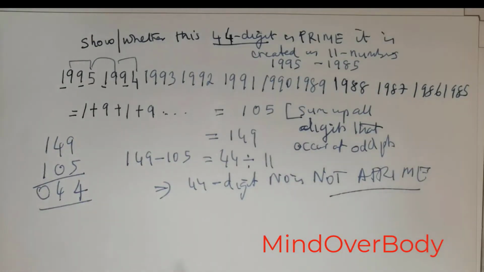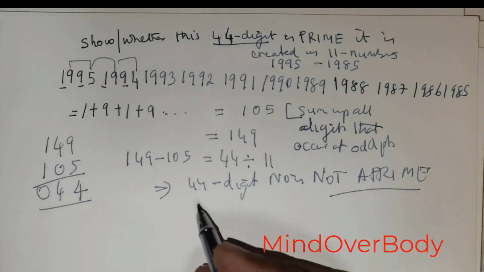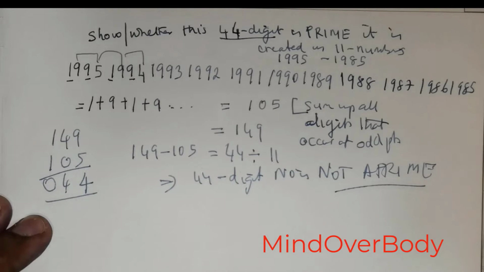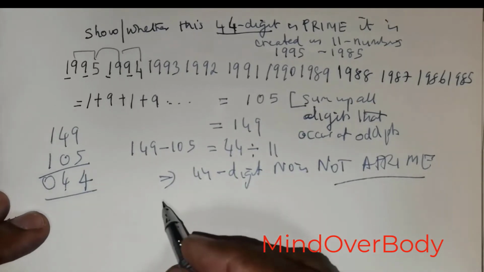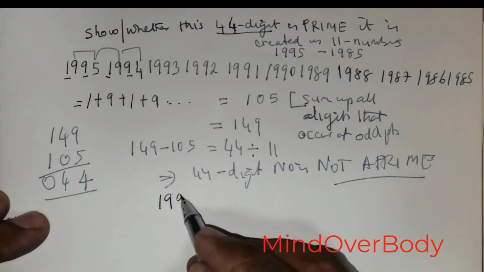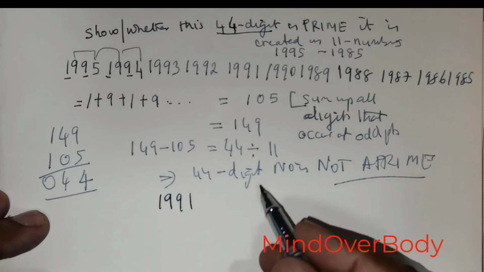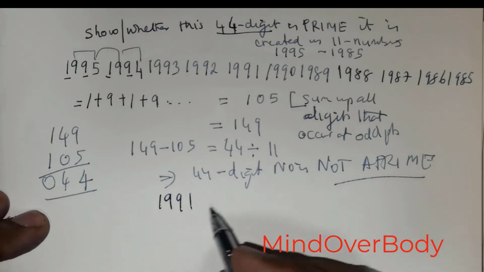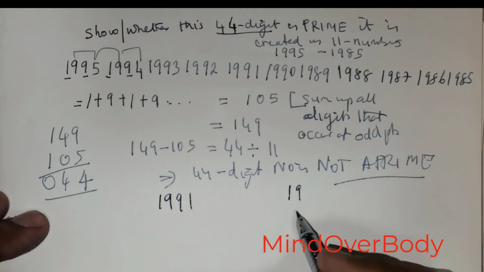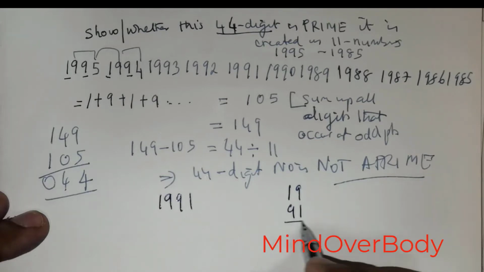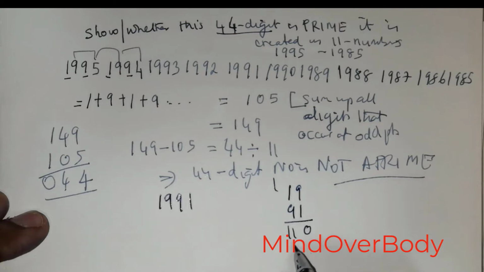Now the problem is there are countless methods like this for divisibility of numbers. Say for example, I can also give you another divisibility check for the number 11. So you got 1991. Now if you were to add 19 with 91, 9 plus 1, 10, carry 1, 10 and 11. So this is clearly divisible by 11.